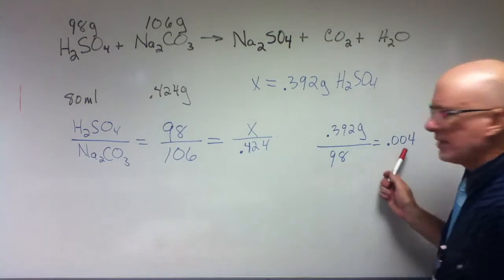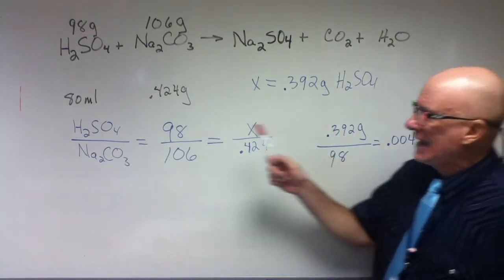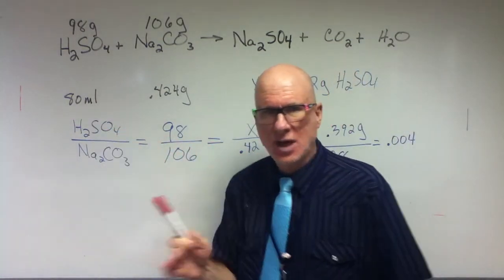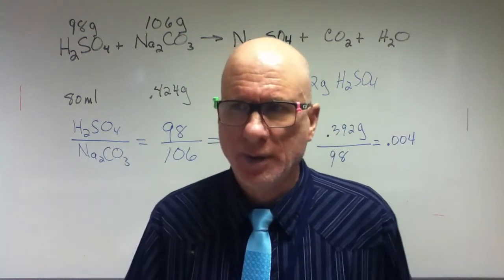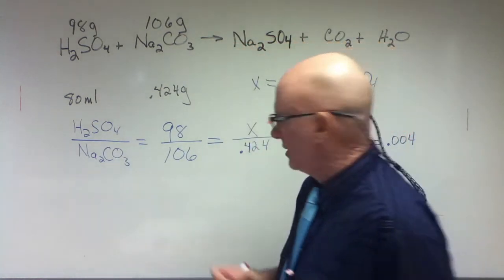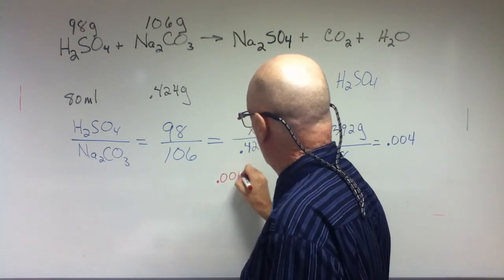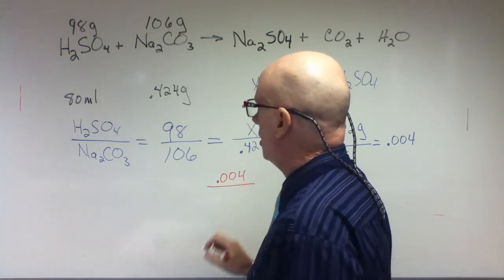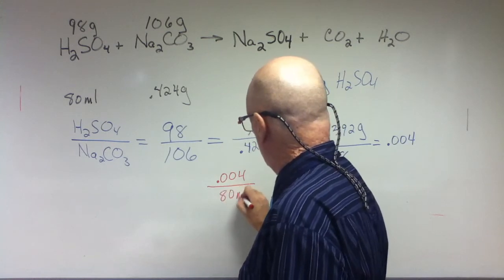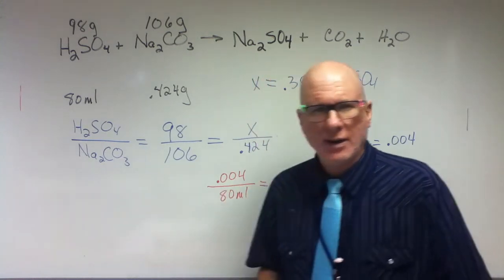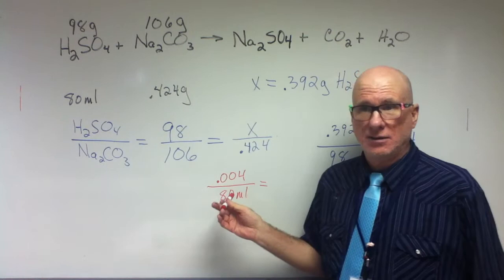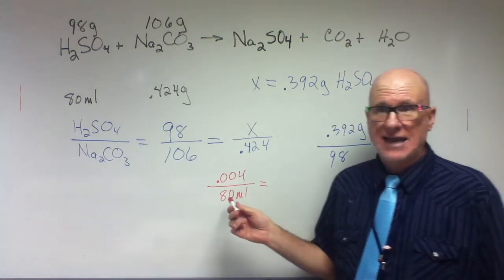All right, so I have that many moles in that many milliliters, right? So, what do I do? Let me write that ratio. So I have 0.004 over 80 milliliters. But I want to know the molarity of that solution, right? Yes.